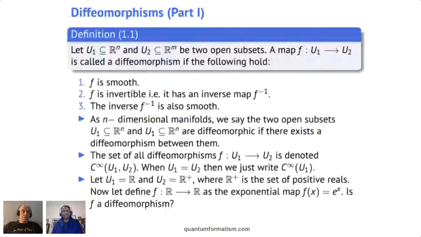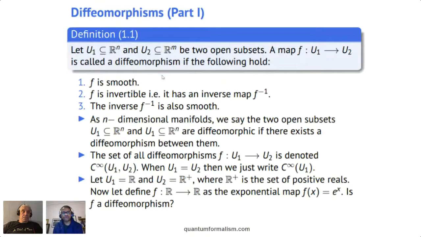So, diffeomorphism part 1. I'm saying part 1 because we will have a more abstract definition of diffeomorphisms when we get to smooth manifolds. But for now, this is just to give you a flavor of how these things work. A concrete example: let's say you have two open regions, U1, an open subset in R^n, and U2, an open subset of R^m, and then you have a map f from U1 to U2.